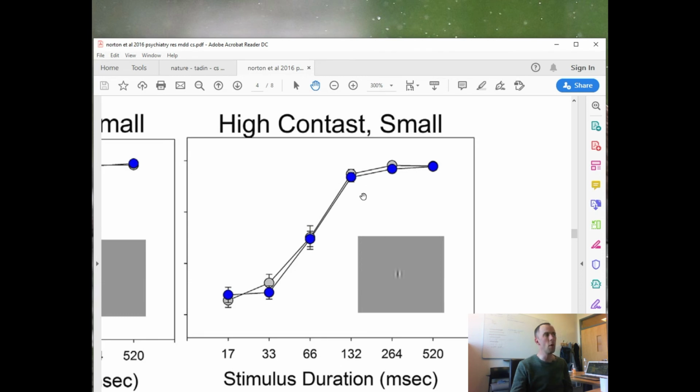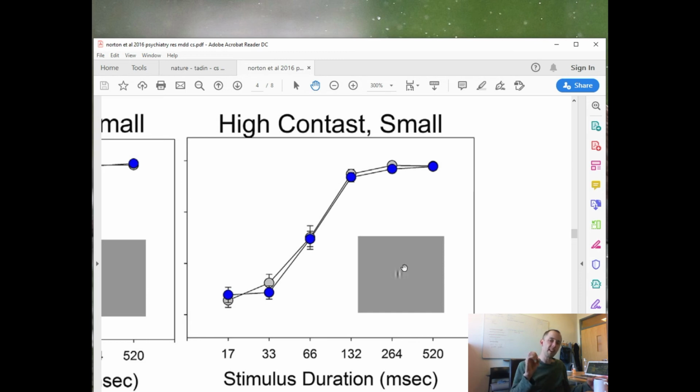And once you show it for over 100 milliseconds, people can do it quite well. So that makes sense. And what we found, not to our surprise, as expected, was that depressed people could do this just fine. Nobody thought there was anything wrong with visual motion processing in depression. So we were sort of happy to see that, wow, people with depression can do this just fine. They can tell which way this little stimulus is going.